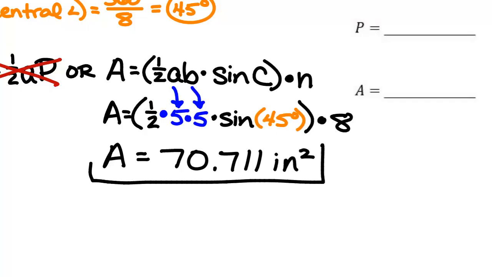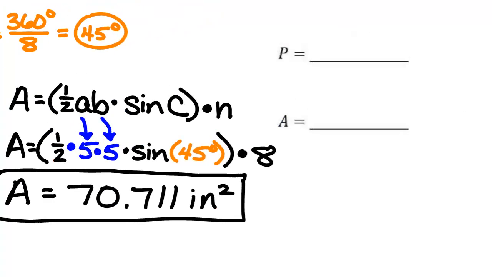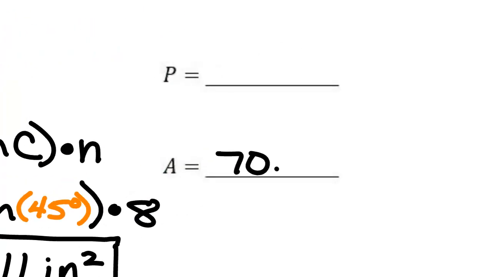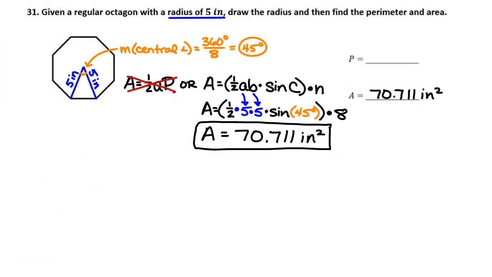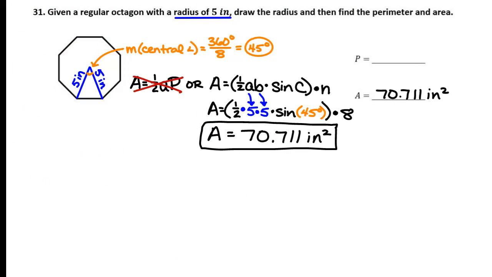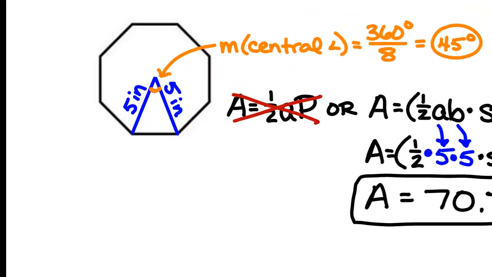Yes, this is area, so it gets squared units. So 70.711 inches squared. If you wrote 70.71, that's perfectly fine. 70.71 would be fine. All right, now we need to find the perimeter.